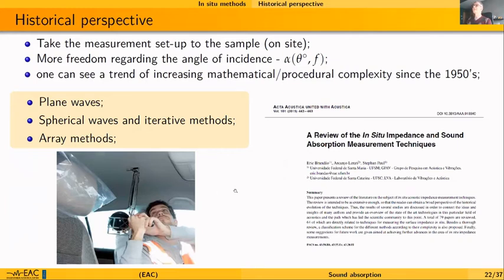So what is it with the in situ methods? The term in situ is a Latin phrase meaning on site. That means we are taking the measurement setup to the sample. That's what this picture of me is saying.